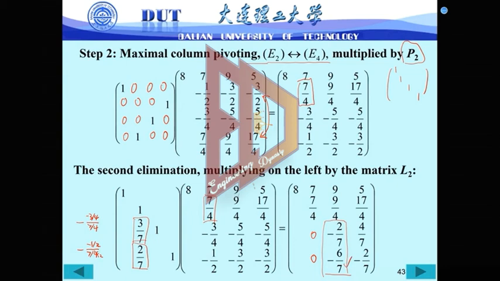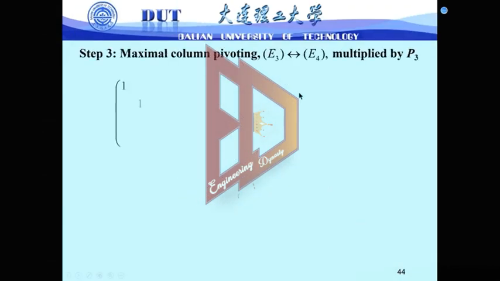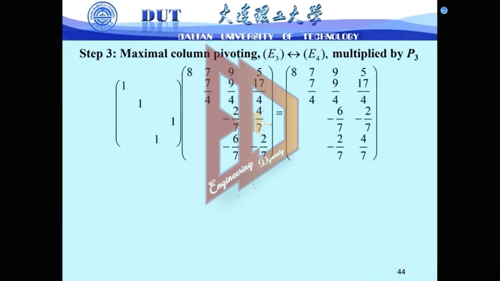Again, we need to interchange the third row with the fourth row. You should know before elimination, we need to select a new pivot. So we interchange the third row with the fourth row. Here, maximum column pivoting, right?